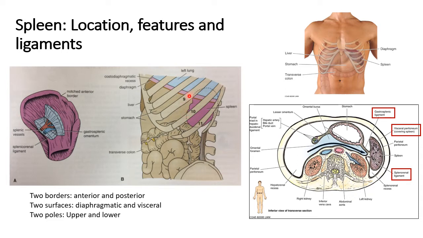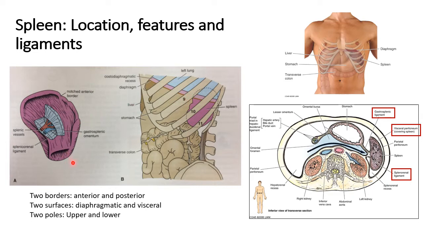The anterior border of the spleen usually does not cross the left mid-axillary line, so it's always behind it. This is a normal spleen. Normally it does not cross the left mid-axillary line.